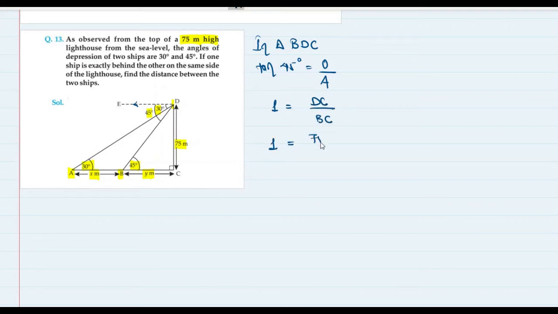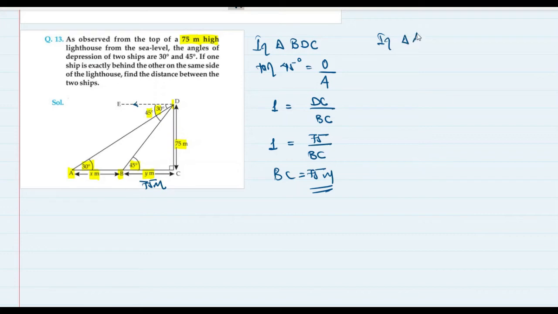DC is 75 and BC we don't know. They have taken it as y. If you don't take it as y, it's okay. So BC is also equal to 75 meters. Okay, so this is 75 meters. Great. Now you have to take triangle ACD.